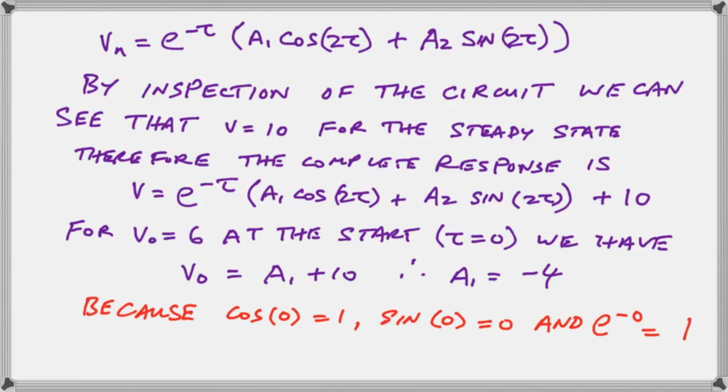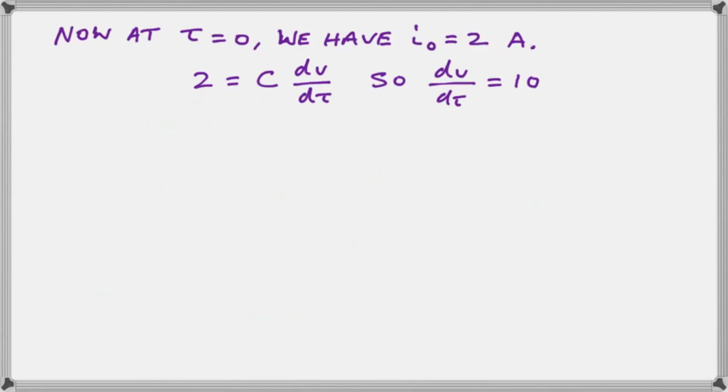To find the A2 now requires us to use the current, that initial current that we were talking about at the beginning. Now, we can take the capacitor expression. This capacitor expression is what relates the voltage across the capacitor to the current.